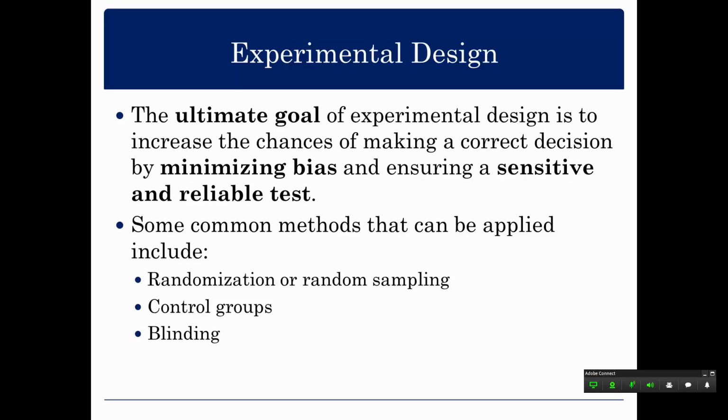Three common methods that are part of experimental design that I'll talk about briefly today are randomization, or random sampling, control groups, and blinding.